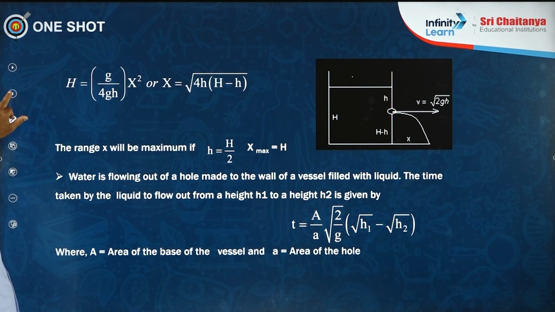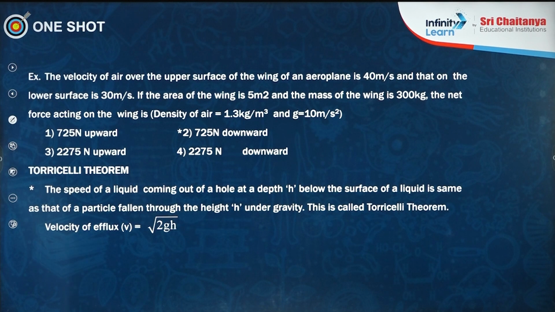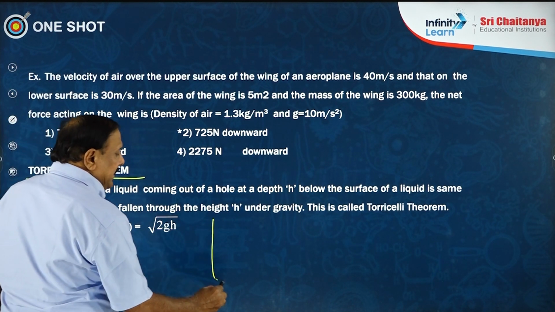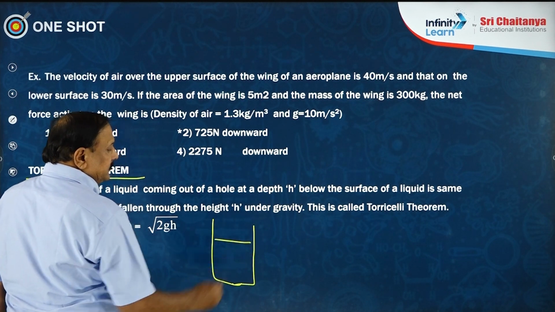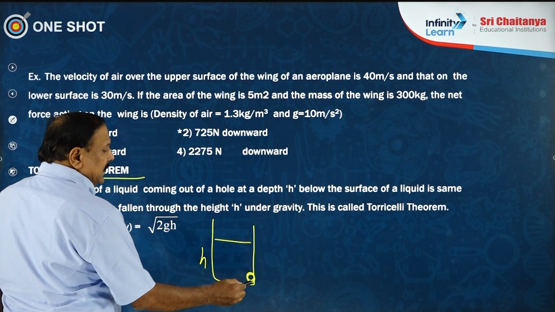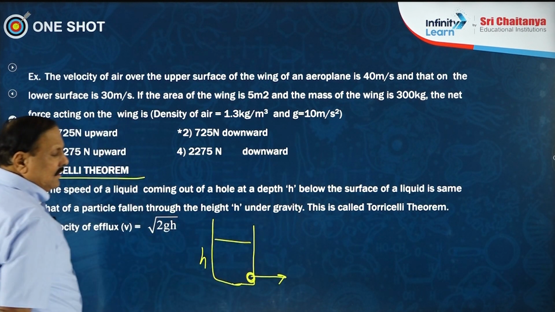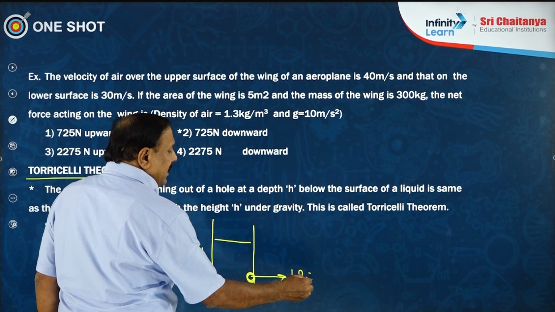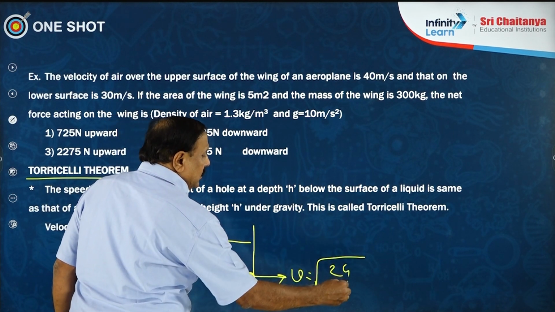Next thing is velocity of efflux. See, here only it was given, Torricelli's theorem. Whenever there is a beaker containing a liquid up to a height h, suppose there is a hole at the bottom, the liquid is coming out of the hole with certain velocity, that velocity is equal to root 2gh.